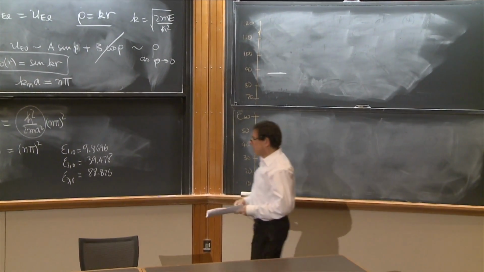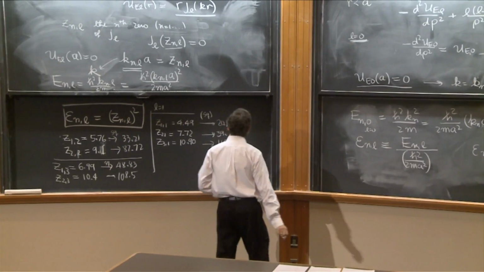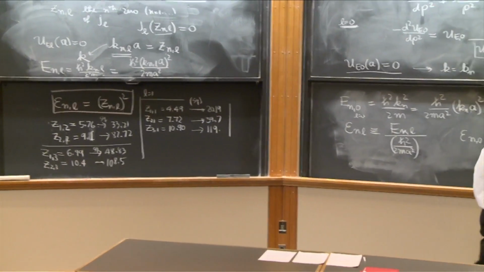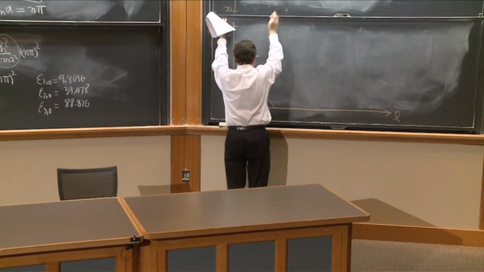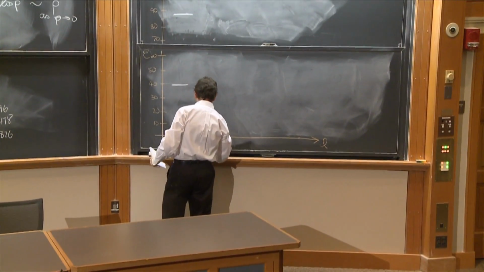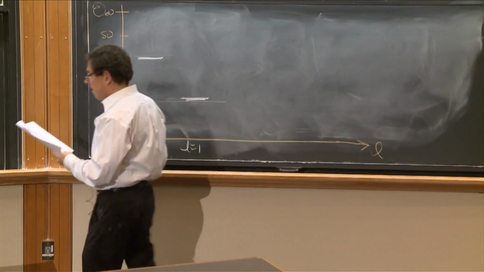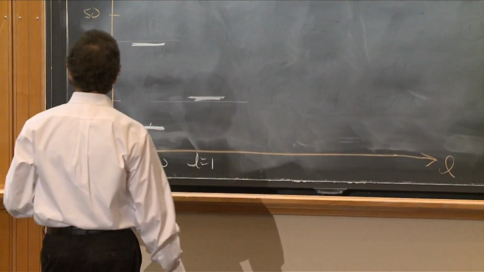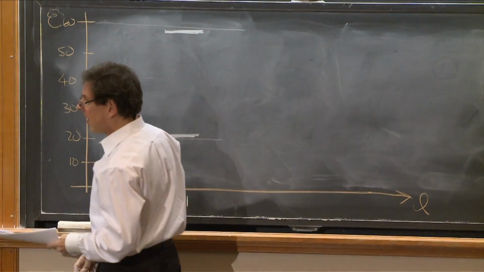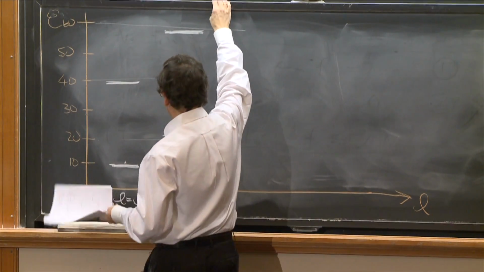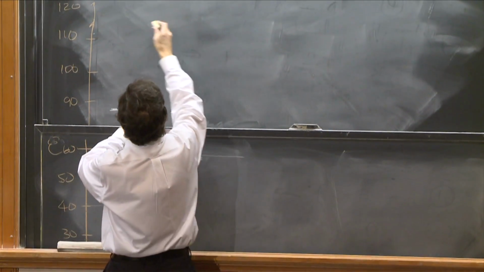Then we go l equals 1. What are the values? This one's 20.19, so we're around here. Then 59.7 is almost 60. And then 119, so that's why we needed to go all that high.